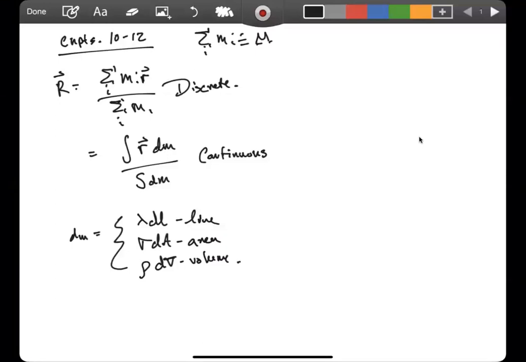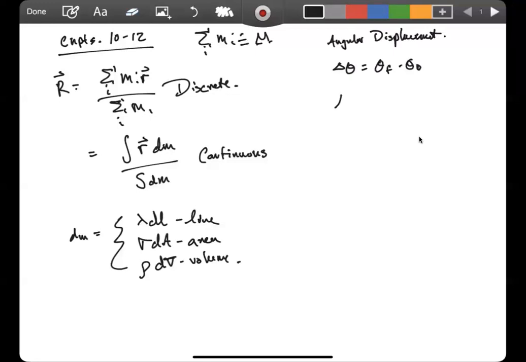Next up, we saw rotational kinematics. In this case, we have angular displacement or angular position, depending on how we want to look at it. The angular displacement delta theta is equal to the final angular position minus the initial angular position.